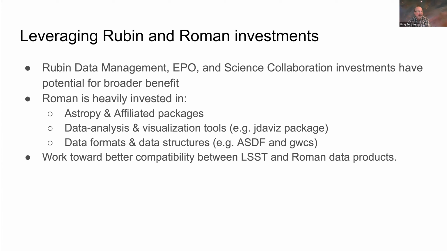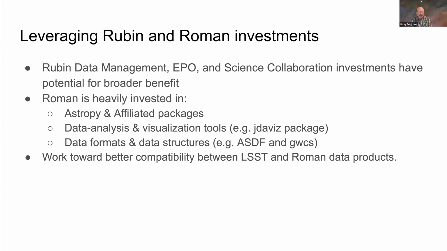It's worth mentioning that at least at Space Telescope, and probably more widely, Roman is heavily invested in AstroPy and the affiliated packages, data analysis and visualization tools. There's been a package called JDAViz built for JWST that is leveraging a lot of AstroPy under the hood.